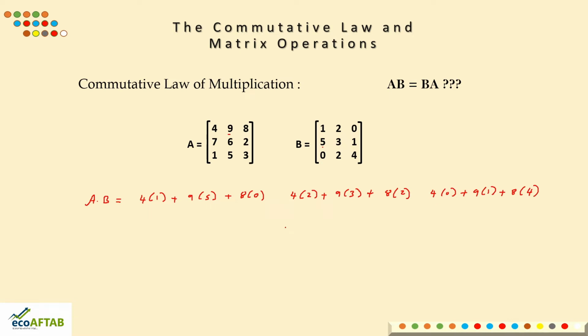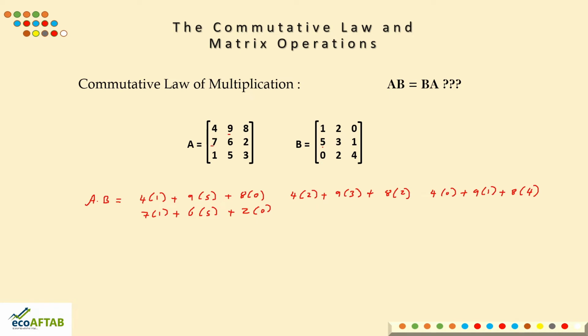So this is the first operation. Next we need to go for the second row. 7 multiplied by 1 plus 6 multiplied by 5 plus 2 multiplied by 0.